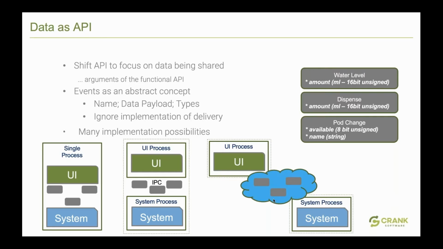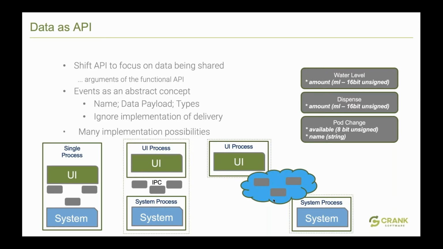You can describe the same sort of API that you would have as a functional API, but shift your conversation away from a function call that does the implementation, and look instead at the arguments that would go into that interface as the data that's being shared, classifying the types of data you expect to be shared back and forth between the system, the UI, or maybe even other elements of the system. It starts abstracting away any particular implementation and gives you this idea of what am I really working with?